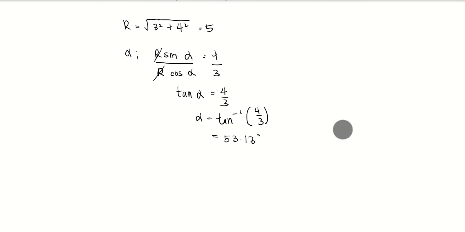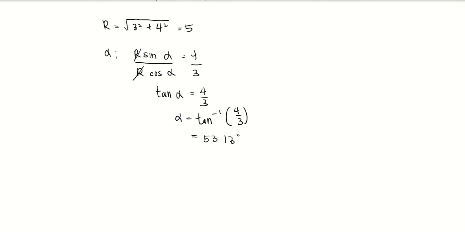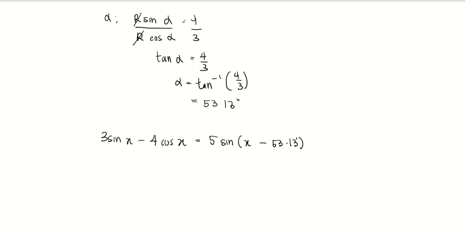So that means 3 sin x minus 4 cos x is equal to 5 sin x minus 53.13 degrees. So to find the maximum and minimum value, we just substitute sin x minus 53.13 by 1 and negative 1.